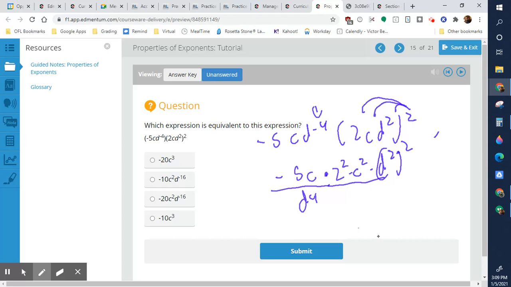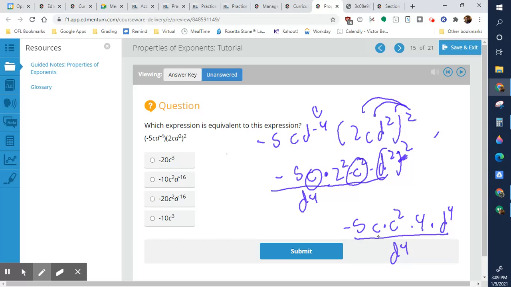So this becomes negative 5c times c squared times 4. I kind of combined this c squared with this c, just brought them closer together to make this easier later. 2 squared was 4, and this 2 times 2 means d to the fourth, all over d to the fourth.